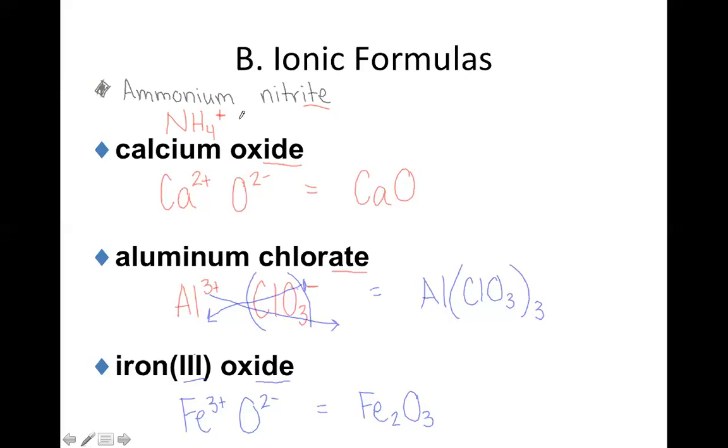So nitrite, if we checked our poly table, is NO2 with a negative charge. So here, when we crisscross or cancel, we have a 1 plus and a 1 minus, so those are going to cancel. So we're going to push these symbols together, and so that gives us NH4NO2. Okay.